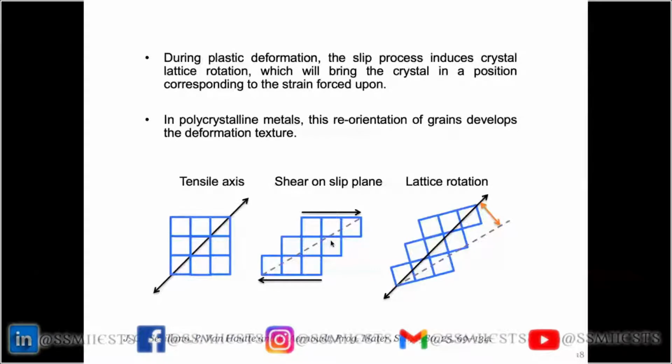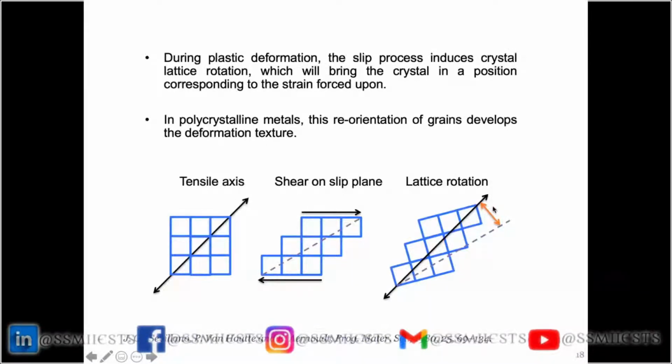To accommodate a macroscopic strain mode, we know from experience that metals are quite plastic. You can mold them into about every shape that you like, if you have enough force. As a result of this plasticity, not only the shape of the crystal will change, but also its orientation will change, and you have a formation of texture.